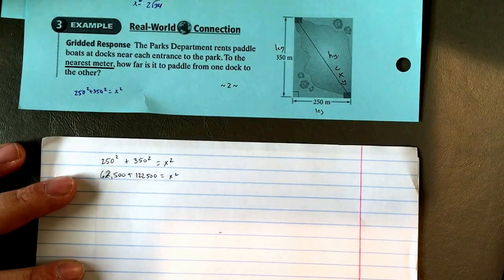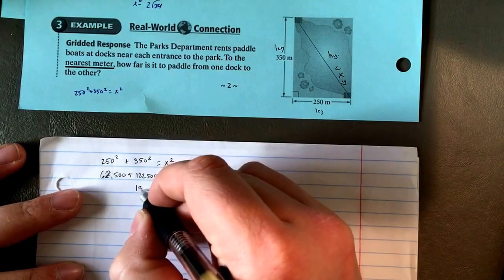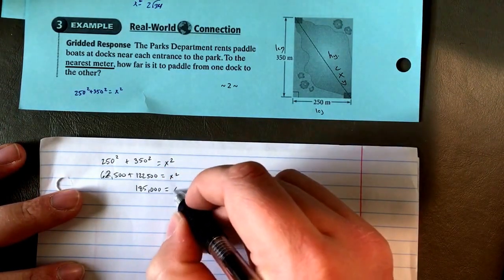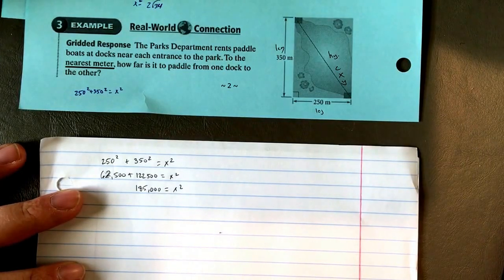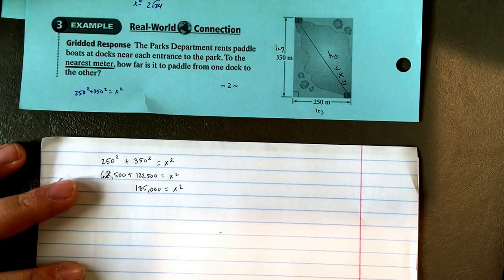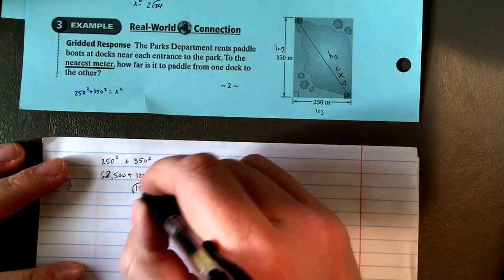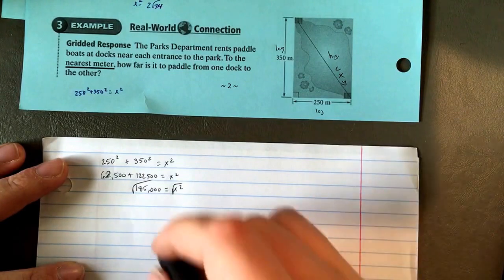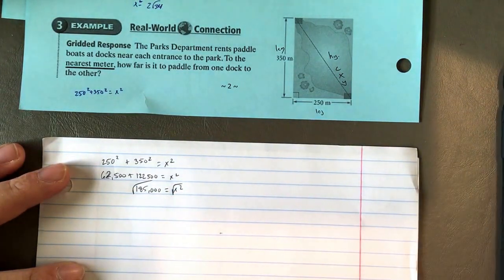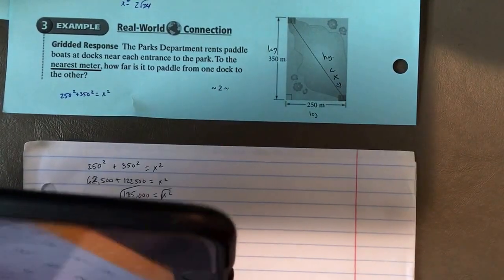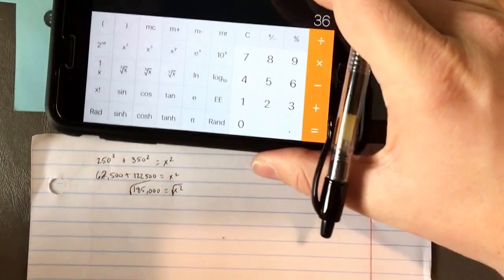122,500 plus 62,500 equals 185,000, and that's going to equal x squared. Now, since it said to the nearest meter, we can just take the square root of both sides. And for this one, let's give a non-radical answer just for right now.